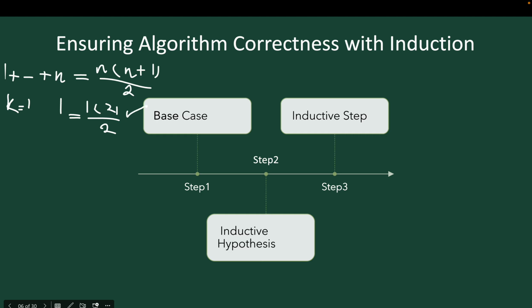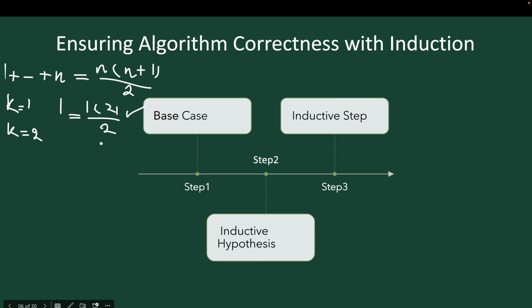So the base case holds. If you want, you can also check it for k equal to 2. Then on the left side we have the sum of 1 and 2, which is 3. And on the right side we have 2 multiplied by 2 plus 1, that is 3, divided by 2. Again you have 3. So the left side and right side are equal, meaning the equality holds. So the base case holds.